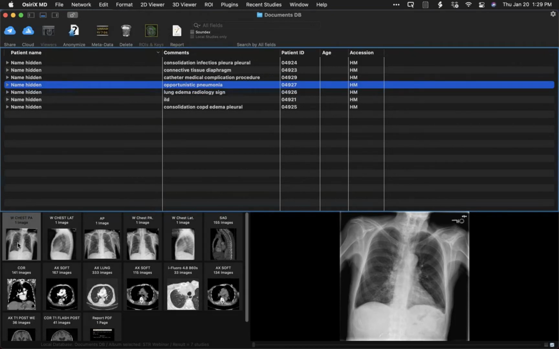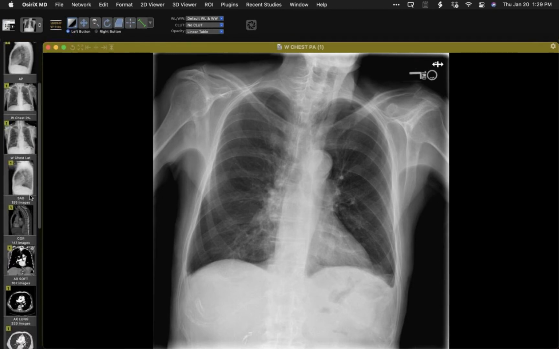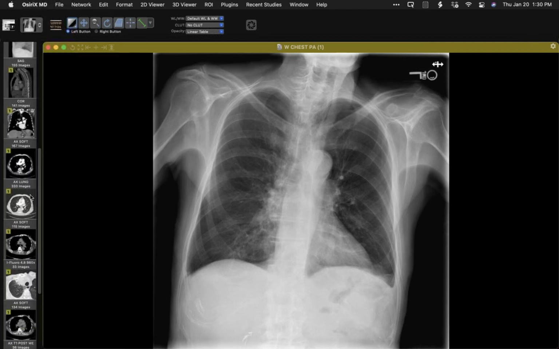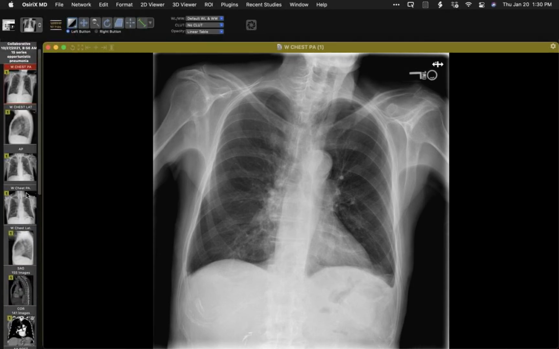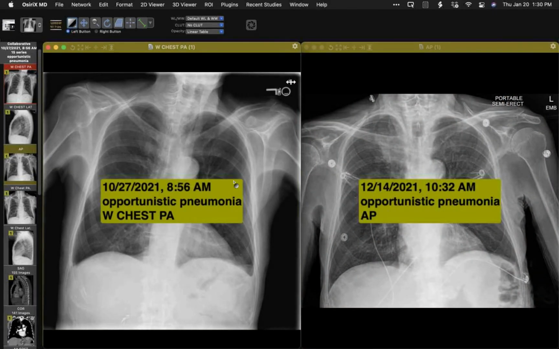Let's see, I'll show you one more. Okay, this is a patient with a history of a hematologic disorder. I'll check it out in a second. Here is the radiograph that I interpreted as a bedside radiograph in December.